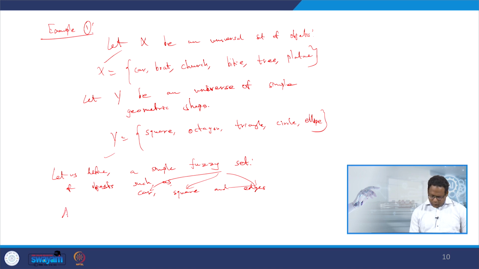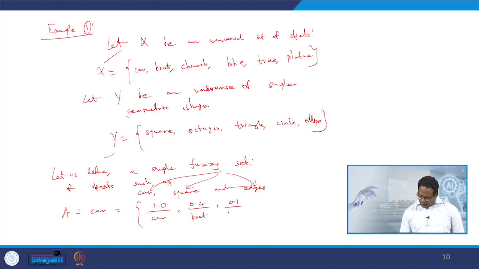Okay, so that is represented as, say, A is a fuzzy set which is meant for car, which is given by membership function value upon element: 1.0 upon car, because the membership function value of car for the fuzzy set car is 1, and 0.4 upon boat. Similarly, 0.1 upon church and 0.6 upon bike and 0.1 upon tree and 0 upon plateau.